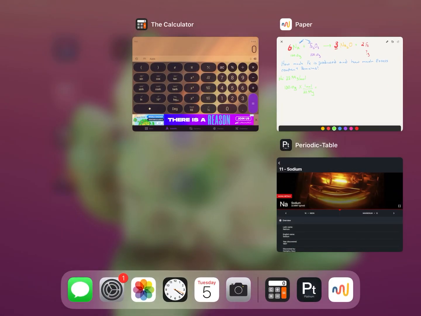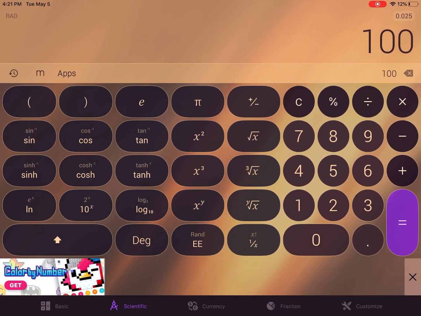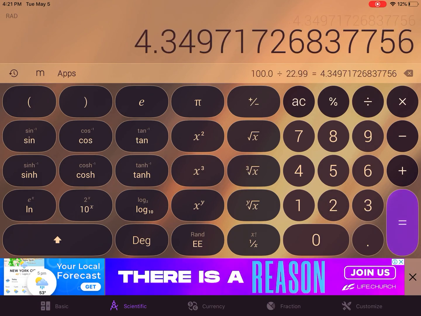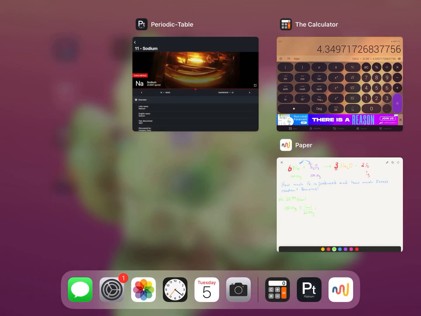So let's go to our calculator. 100.0 grams divided by 22.99 grams per mole means that we have 4.3497 moles of sodium. We'll call it 4.35.